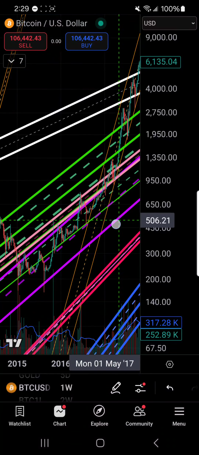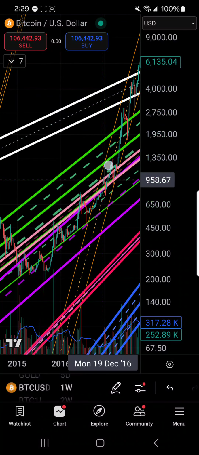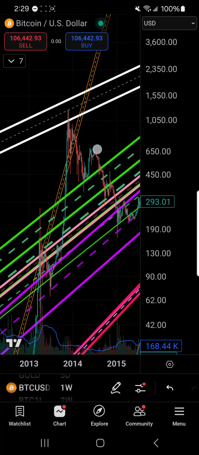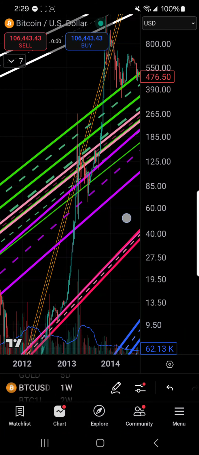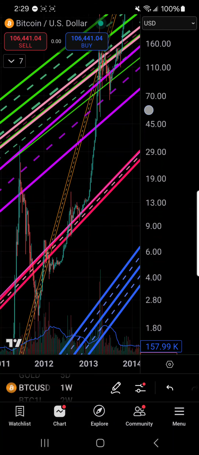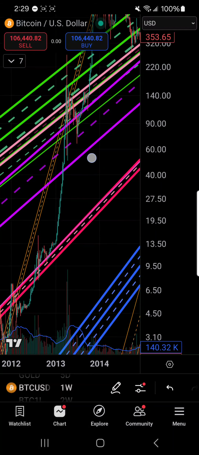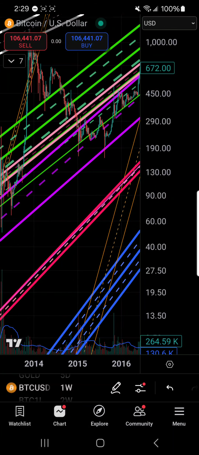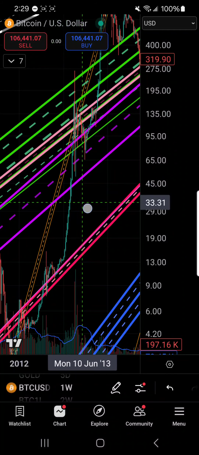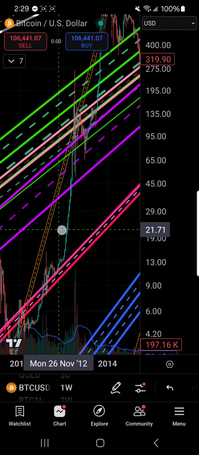Now, all the channels that are going this direction have been cloned from each other, and they're at the same slope. Here it doesn't catch the entire move, but if I made it wider, it would. This is really skinny here.